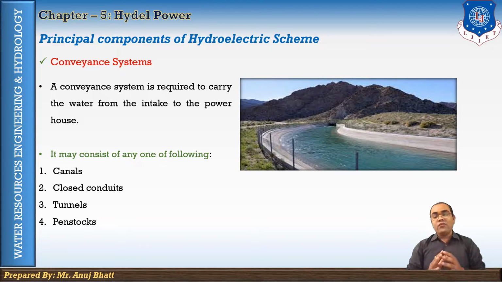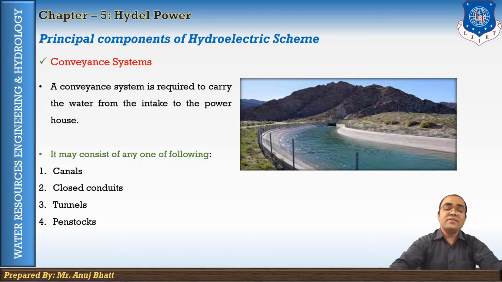In the case of an open channel, a forebay can usually be provided at the end of the channel, from which the water can be conveyed to the turbines through the penstock. In the case of pressure conduits, a surge tank is provided near the end of the conduit to reduce the water hammer effect. So this is the conveyance system.